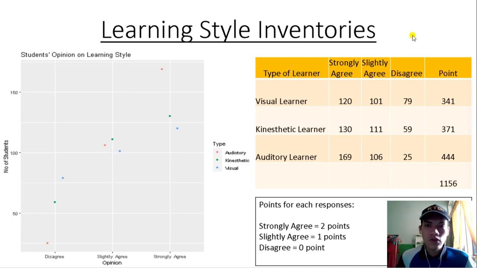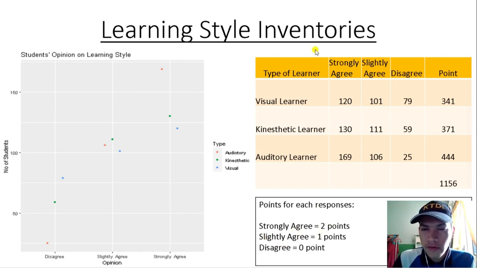For each question, there are 3 types of answers: strongly agree, slightly agree, and disagree. The points distribution for the responses is 2 points for strongly agree, 1 point for slightly agree, and 0 points for disagree.